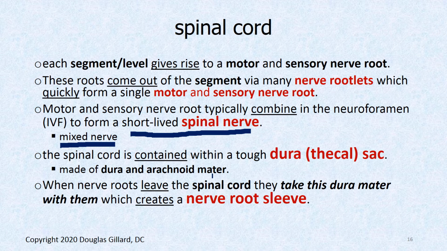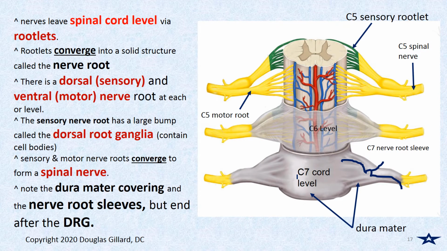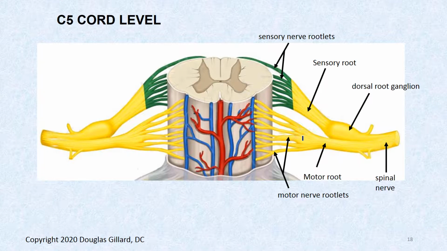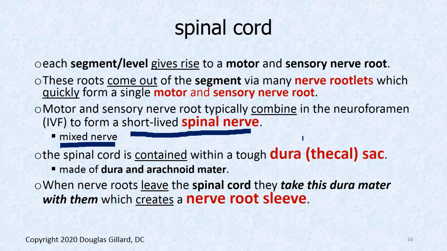Spinal cord lives within a dural sac or thecal sac. The outside, of course, is made of dura and arachnoid. We looked at that yesterday specifically. And we know that, do I have a picture? Yes. So the thecal sac, I don't have a picture of that yet. I'll get to it. But the nerve roots exit the thecal sac by pushing out, and they take the dura mater and arachnoid with them.